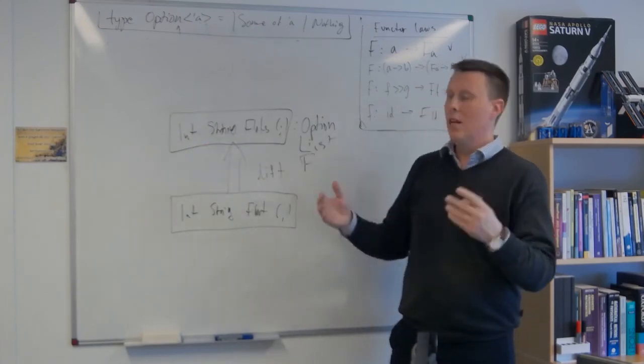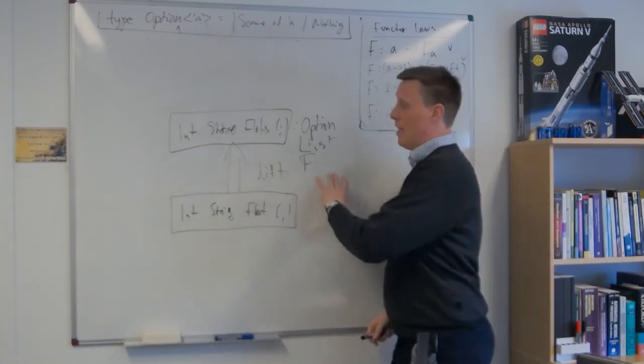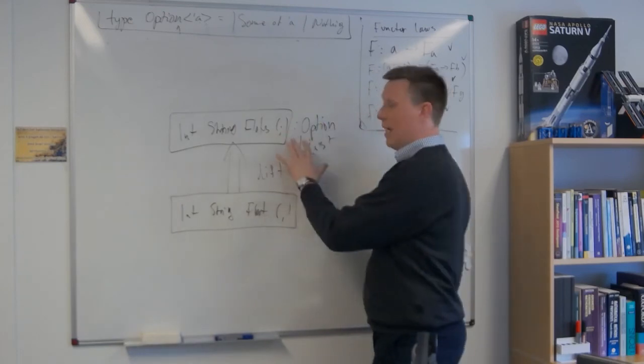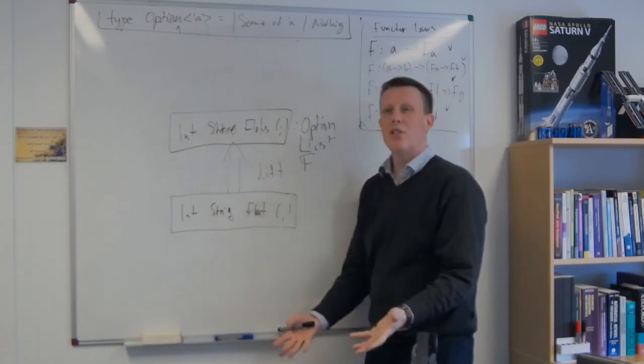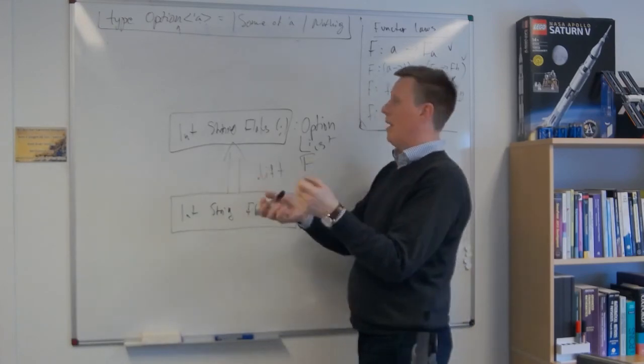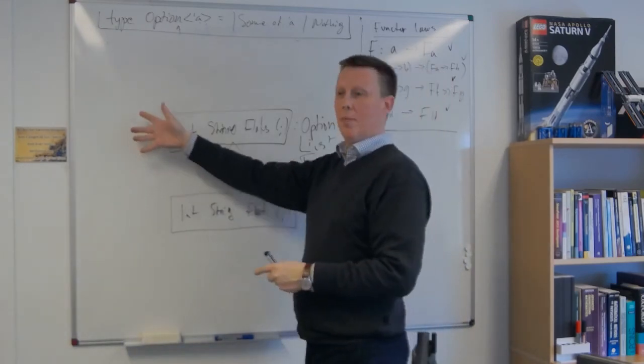And so that means that whenever I have a bunch of these things, options or lists or whatever, I can take normal functions, lift them up to that world, and then start applying and composing them in this upper world here.